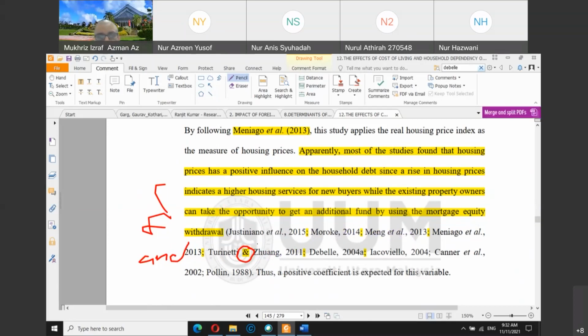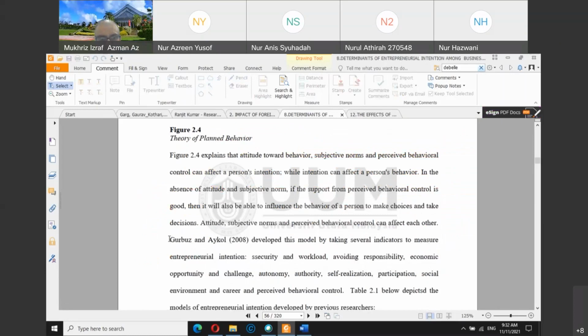But if the article is written by two, which one should you use, AND or the symbol N? You only use the symbol N if you are citing towards the end of the article or outside the text, when the text has already finished. But if you are citing within the text, like just now, meaning the text has not finished yet, only the year is put in brackets.